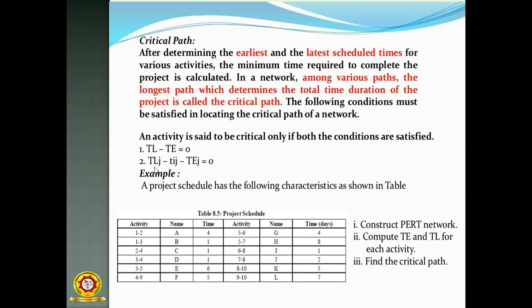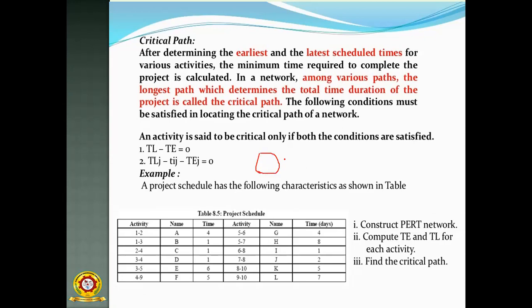So TL of the successor node minus Tij, that means the activity duration, minus TEj, equal to 0. I will show you with an example in the diagram, so you are able to understand simply.